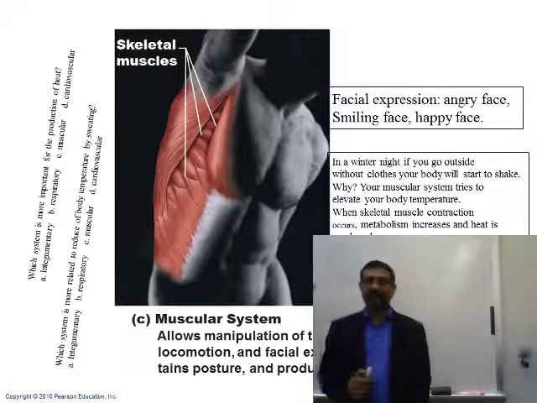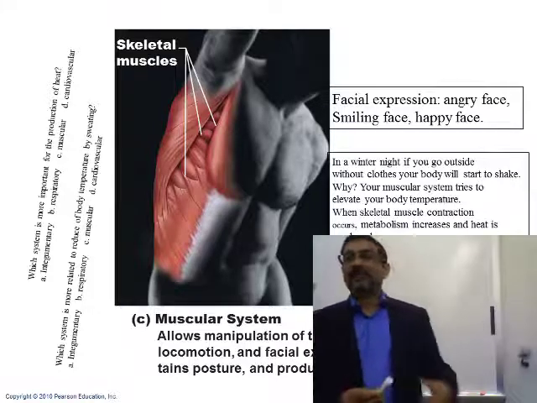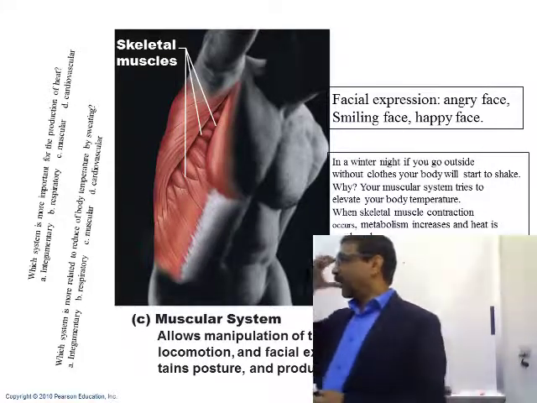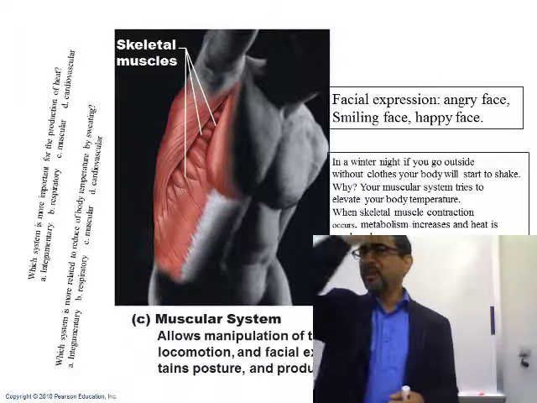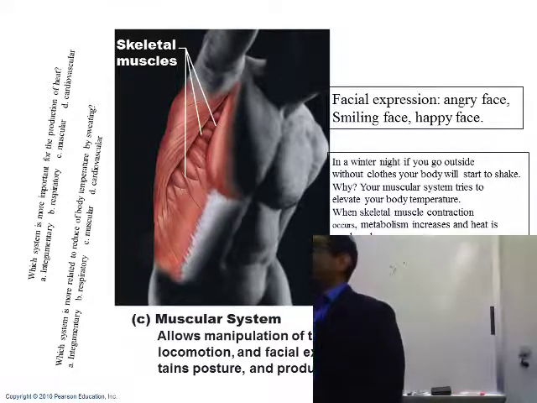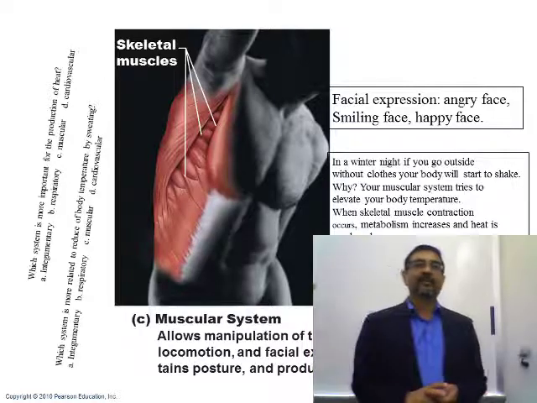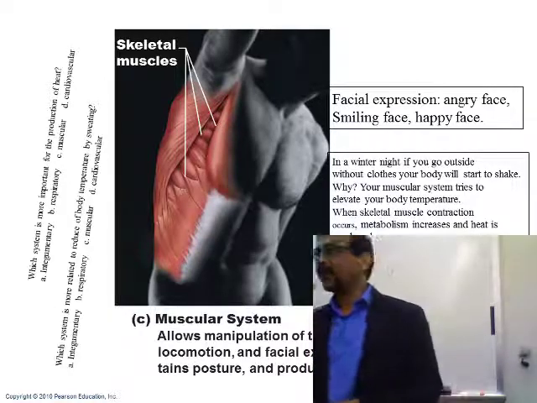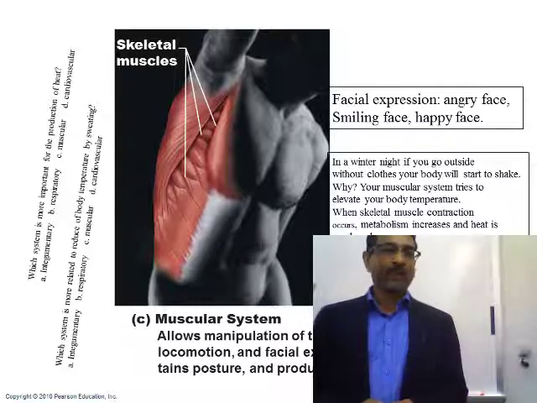Facial expression. In your face, you have several muscles. Those are called the facial muscles, and those muscles help in facial expressions. For example, when you are happy, you smile.